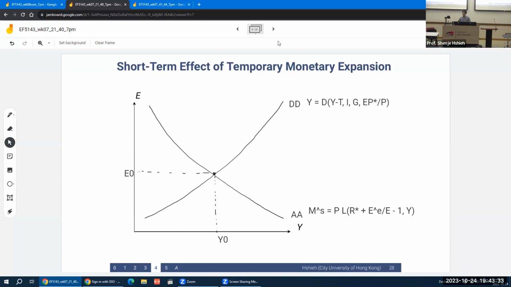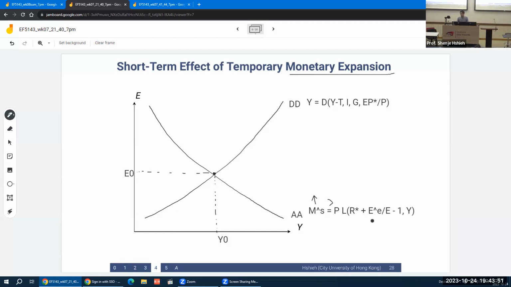And now I want to know what happens if I decide to increase MS. So let's go ahead and do that. We increase MS, the money supply. That's going to distort the money market in this way, in which the left-hand side is now greater than the right-hand side.